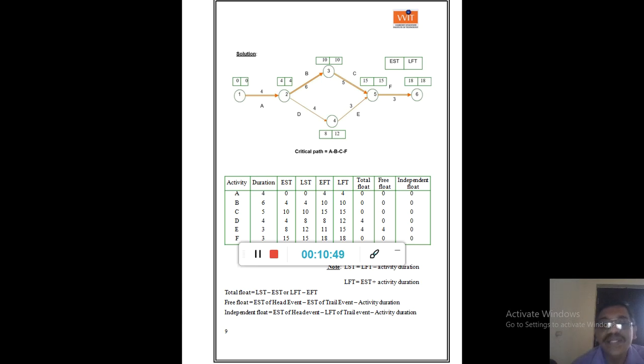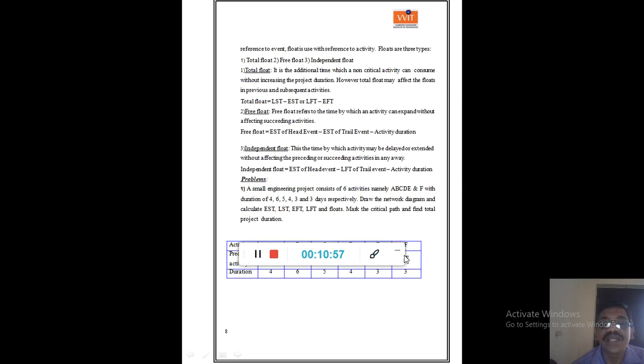So like that you will get. And the independent float formula is EST of the head event minus LFT of the tail event minus activity duration. This is the formula.